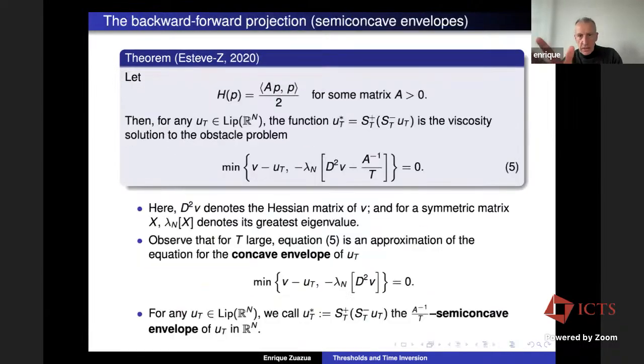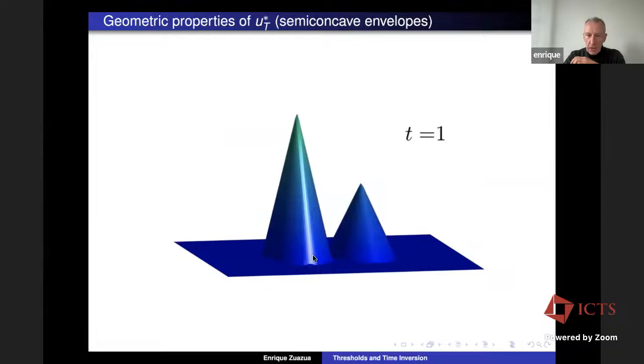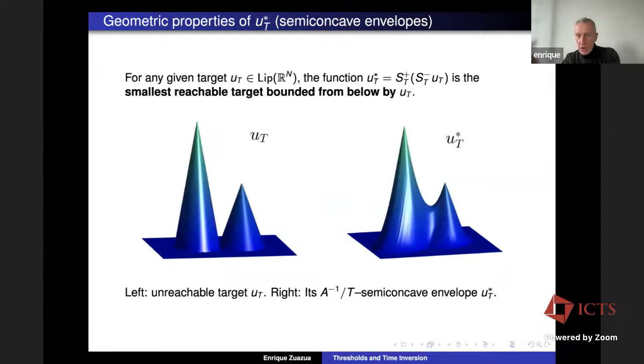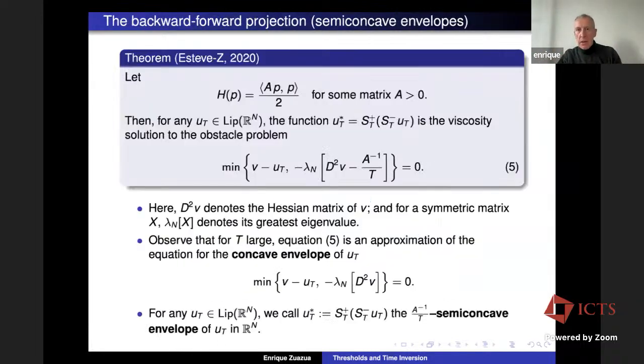So, there is an interesting side result that might be of interest for people interested in obstacle problems, free boundary problems. There is a characterization of the envelope here. You see here on the right that out of UT, I have gotten UT star, which is kind of an upper envelope, right? And you can think, what is this upper envelope? Well, you can characterize this upper envelope by a variational inequality, by a minimization problem in the spirit of classical obstacle problems, right?